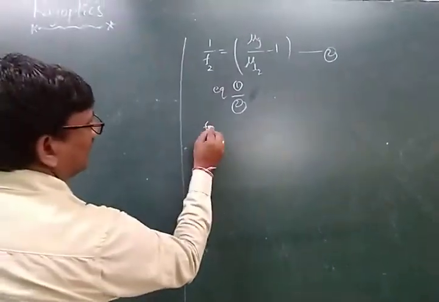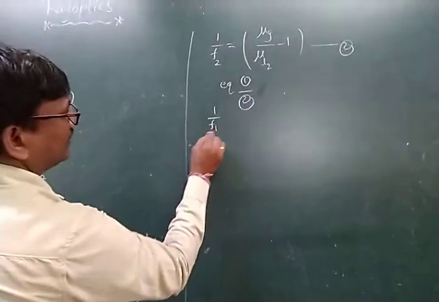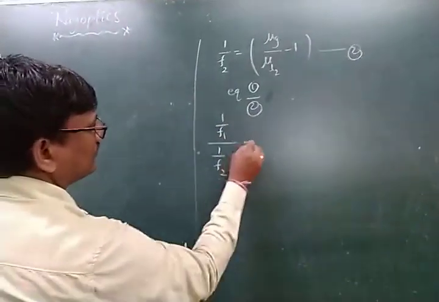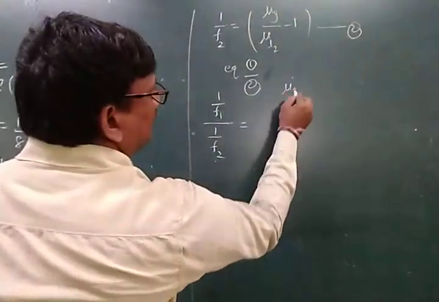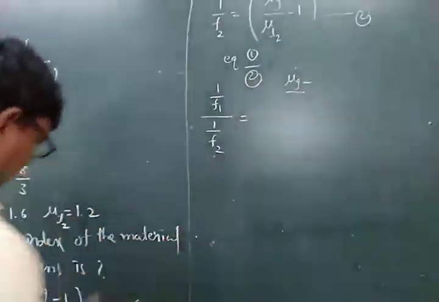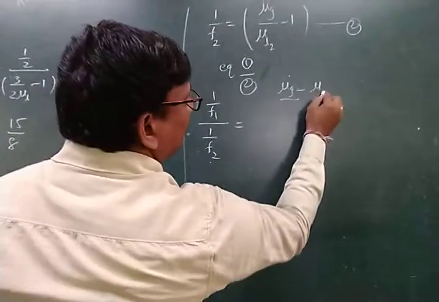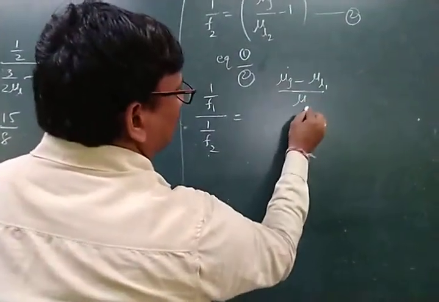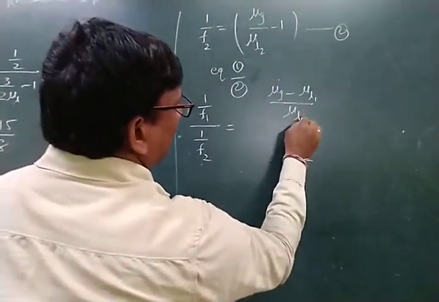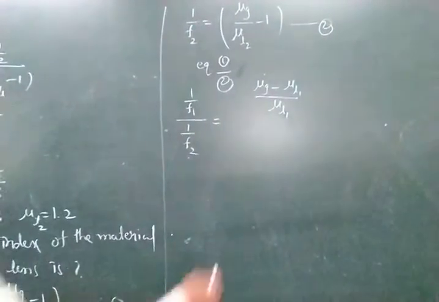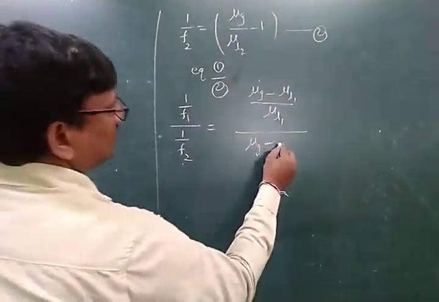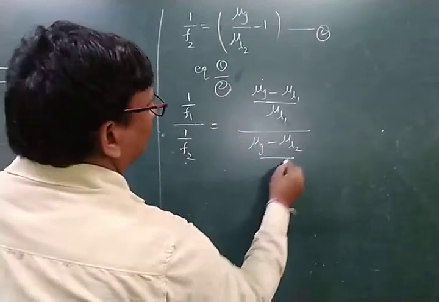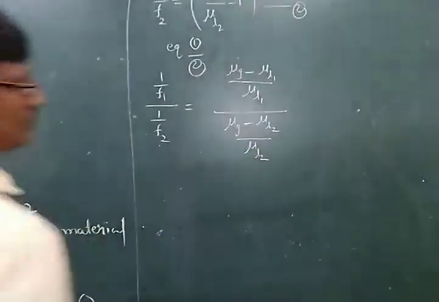We can write directly 1 by f1 divided by 1 by f2 is equal to, taking the LCM, (nu G minus nu L1) by nu L1 divided by (nu G minus nu L2) by nu L2.